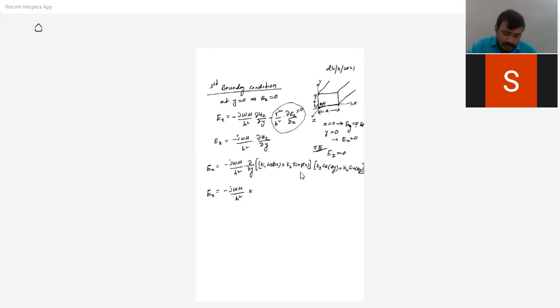Then we can write k1 cos bx plus k2 sin bx, and for the y component we derive k3 into the derivative of cos ay, which is minus a into sin ay, minus a into sin ay. Then for the second term, we have a into k4 cos ay.